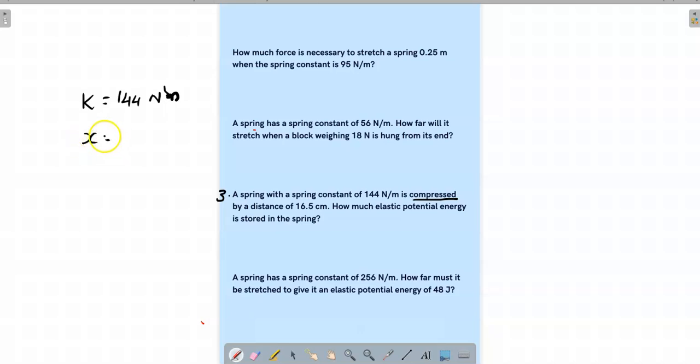So the extension, compression, extension is the same. So 16.5 centimeter. If you compress the spring, it stores potential energy, and if you extend the spring, it will also store potential energy. How much elastic potential energy? So U is the unknown. What is the formula? U is equal to half K X square.